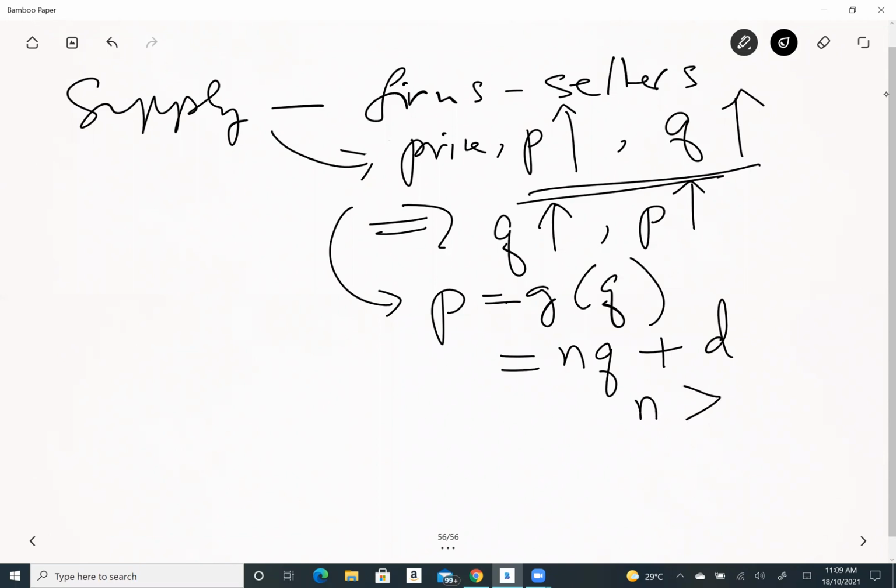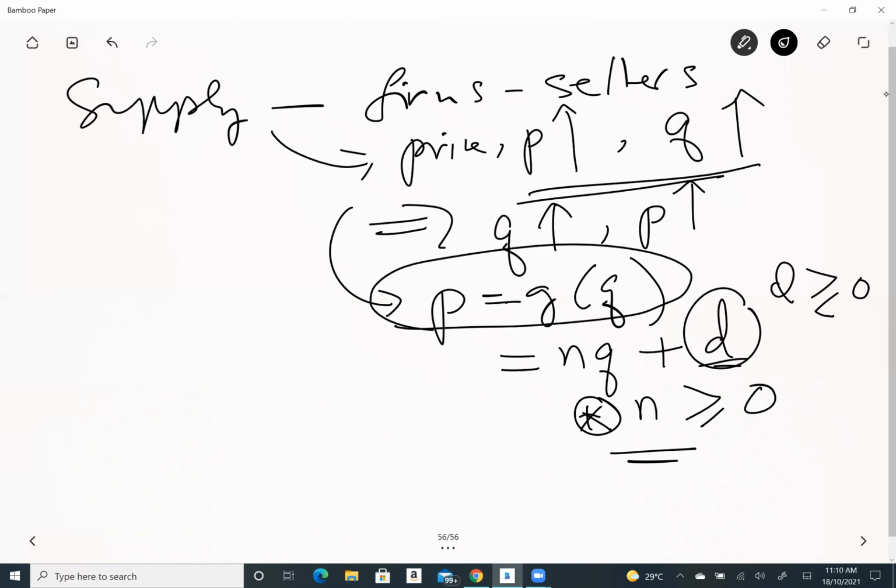N here is positive. So for the supply function, the slope is positive. D is a constant. For the supply function D can be positive, and sometimes negative, depending on the situation, so D is not that important. The more important one is the slope. So you have supply upward sloping and demand downward sloping, where we specify P as a function of Q.